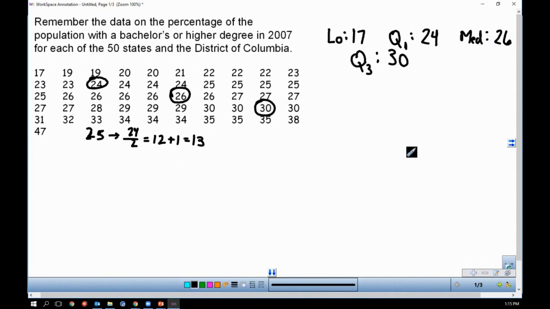So Q3 is 30. What's our high value? What's our highest data point? 47. This is what we call a 5-number summary.